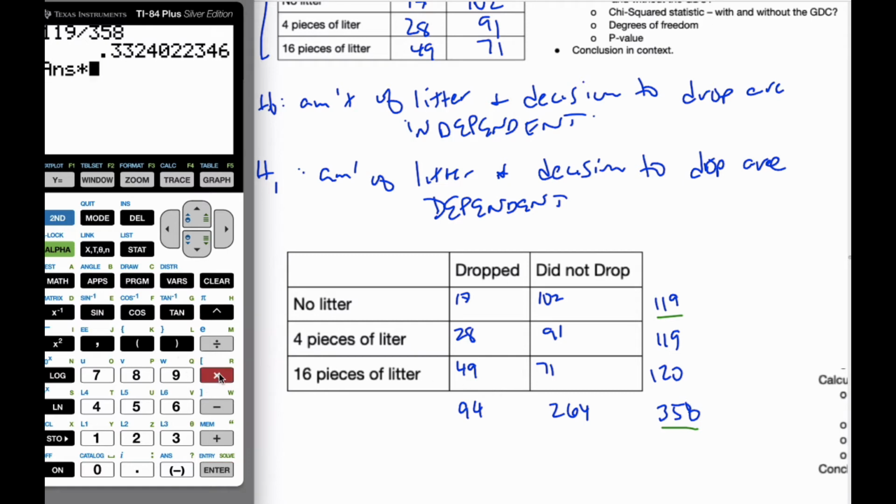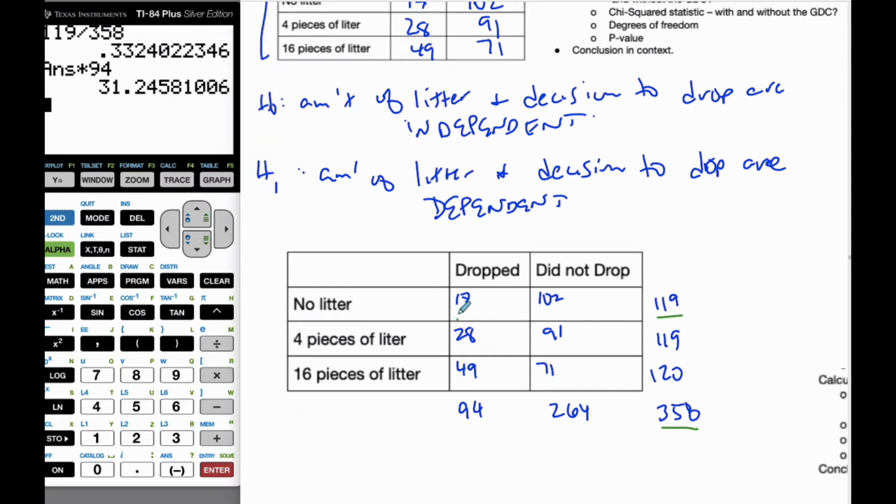So I'm going to multiply that 33% times 94. And so if all things are equal, there should be 31.2. This is the expected value that I would expect. So I find the proportion and multiply by this. The easy way to think about it is I take my total. If I want to find this particular one, I take my total 119 times this total divided by that.